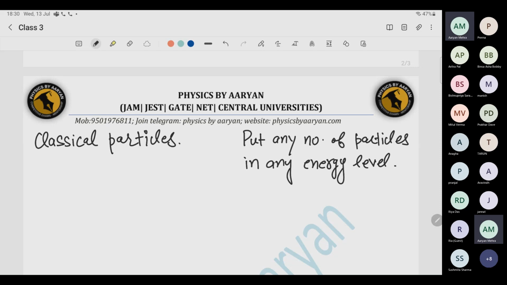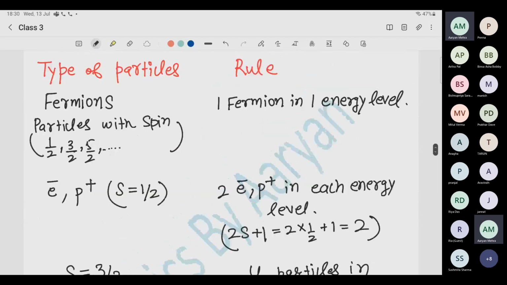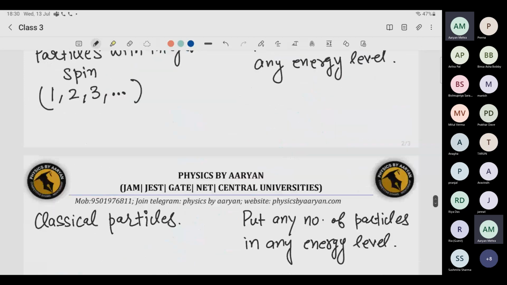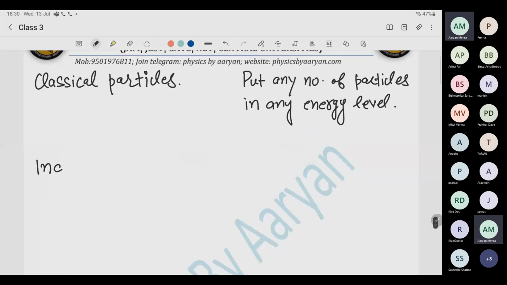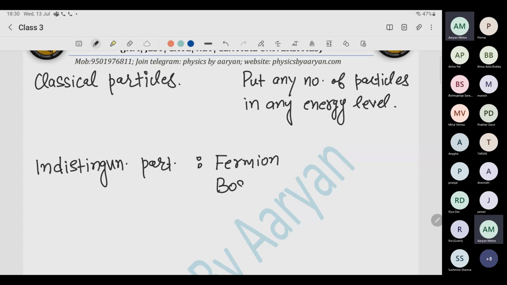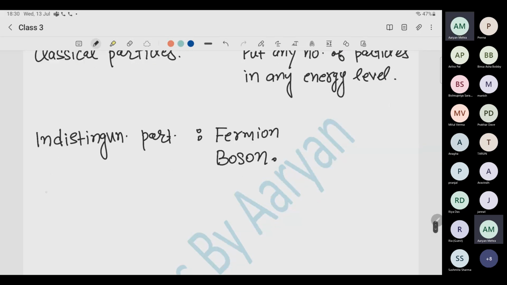Every quantum statistical particle is indistinct. So every fermion and boson, let me write it here. If it is mentioned that it is an indistinguishable particle, then it can either be a fermion or a boson. And if it is mentioned that it is a distinguishable particle, then it is a classical particle.